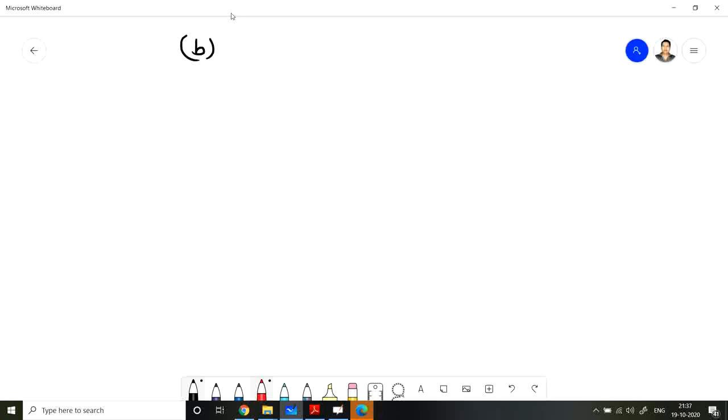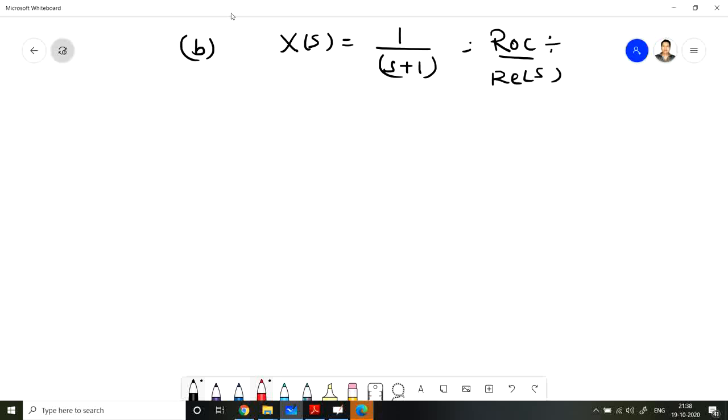So let us do the second part. It is X(s) = 1/(s+1), and the ROC provided is real part of s less than minus 1.